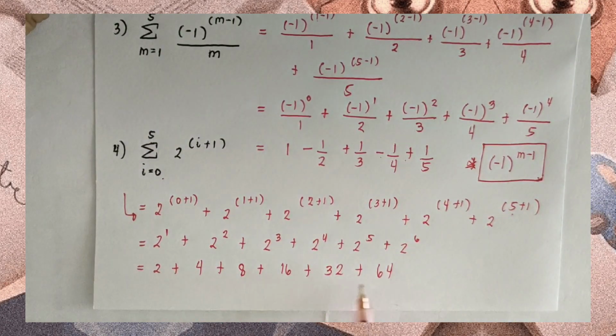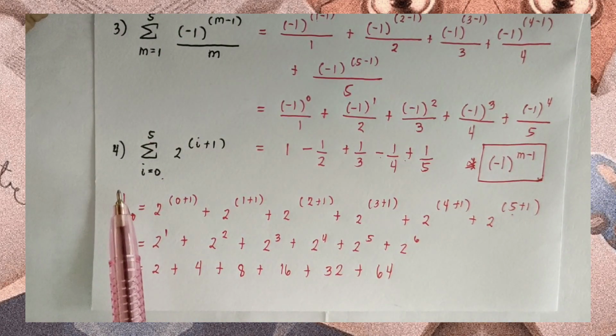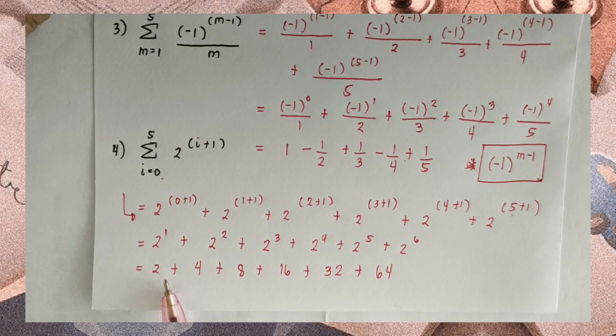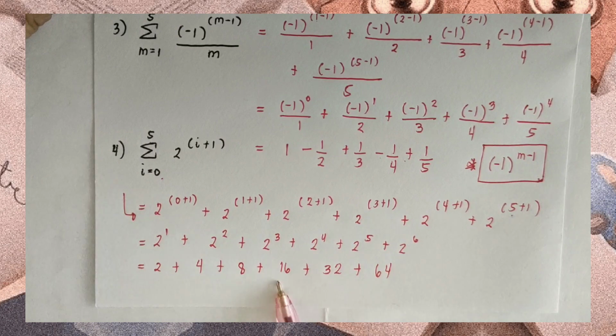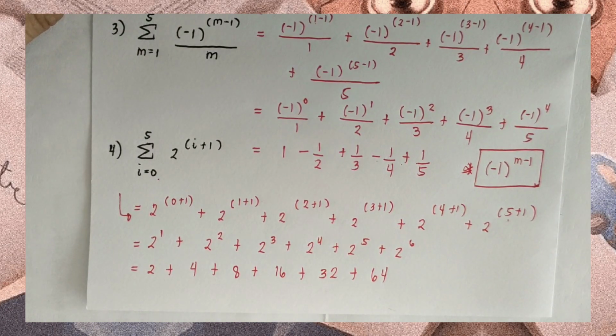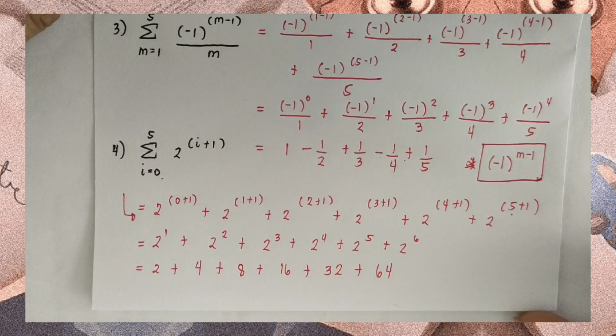This is the expanded form of the given notation. And if we are asked to get the sum, then just add 2, 4, 8, 16, 32, and 64. Understood?